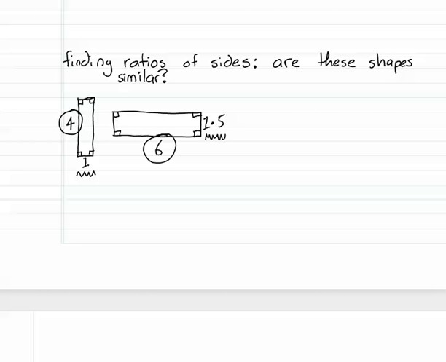A ratio is a comparison just like a fraction, and in fact we're just going to do fractions where we put the side from one shape over the side from the other. And it doesn't matter which way you go. I'm going to pick my pair of matching sides.